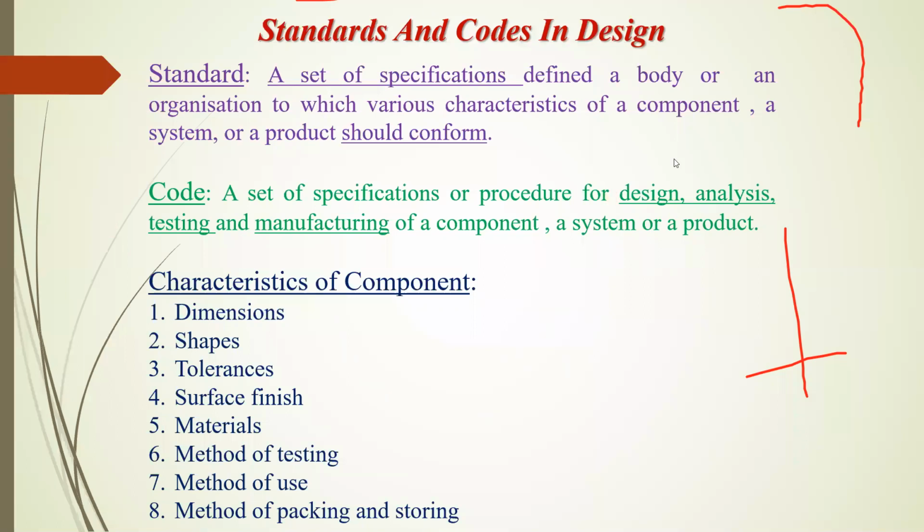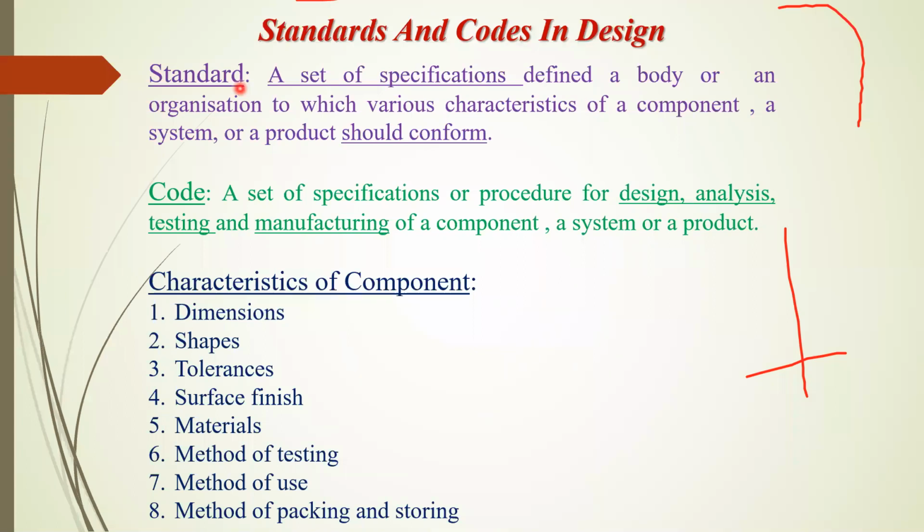There are various types of standards: international standards, national standards and company standards. Company standards are specific to a company and restricted to that company only. National standards are used by a country within that country only.